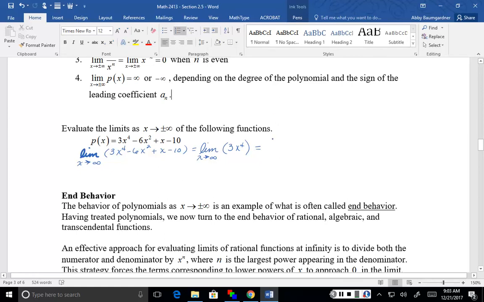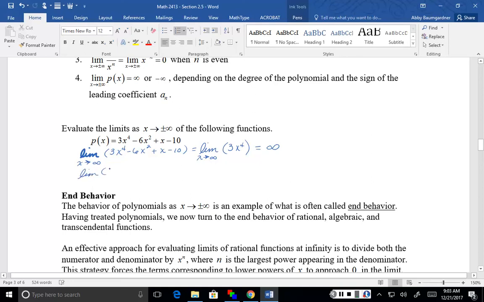We know that the 3 can come out, so we don't really have to worry about the 3 other than if it were negative, we would have to retain that sign. We know that infinity raised to the 4th power, an even power, is going to return a positive answer. So we're going to have 3 times a positive big number. Well, 3 times something very big and positive returns a positive infinity.